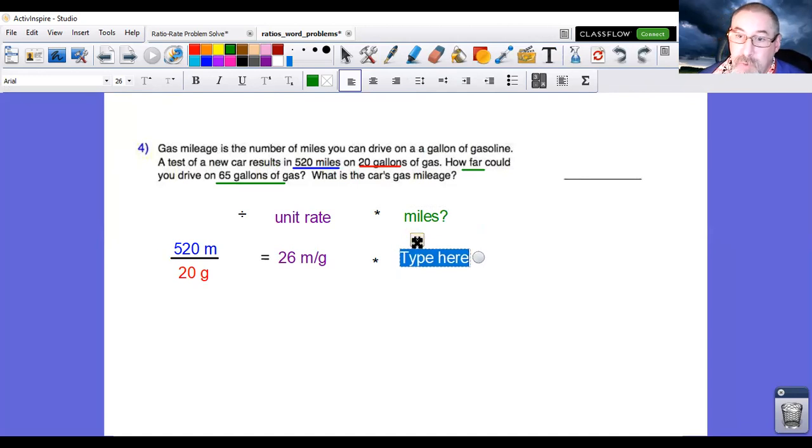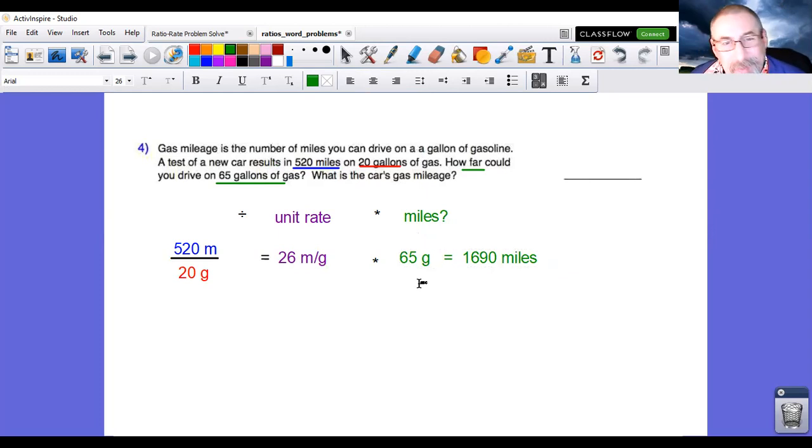So we went 26 miles per gallon times 65 gallons. And that is going to give us 1,690 miles.